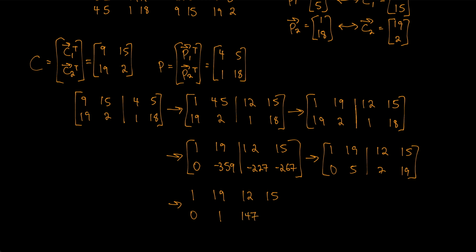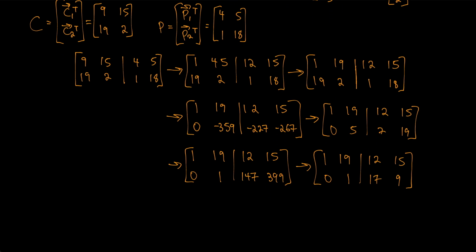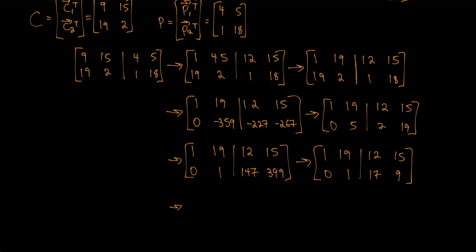And I'll reduce these in a minute because I'll get 147 and 339 after multiplying, and then I will reduce those, keeping the top the same, so that the bottom becomes 0, 1, 17, 9. Finding that inverse of 5 modulo 26 is not too much fun, by the way, because you have to go all the way to 21, but yeah, it's part of the deal.